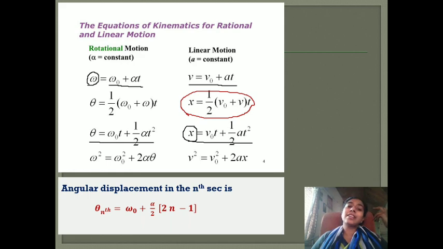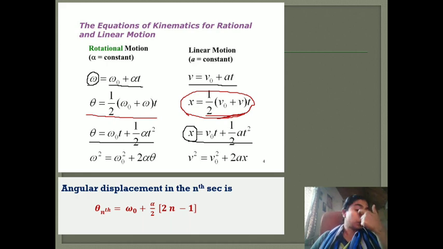The reason is velocity is equal to x by t, so x is equal to velocity into t, where velocity is taken as the average velocity, that is half of initial velocity plus final velocity. So similarly, theta is equal to half of the initial angular velocity plus final angular velocity, omega naught plus omega, into t.